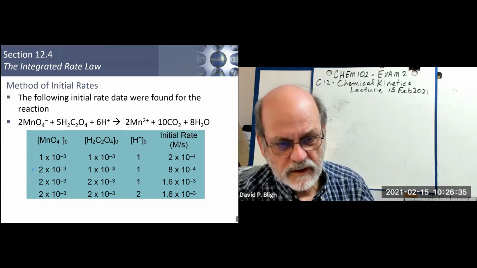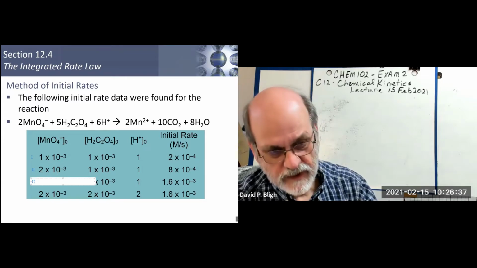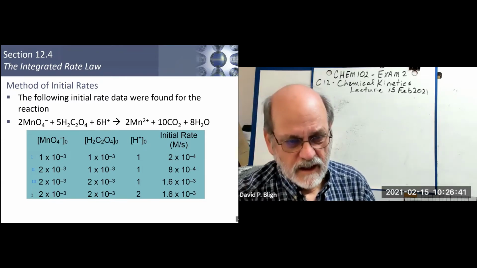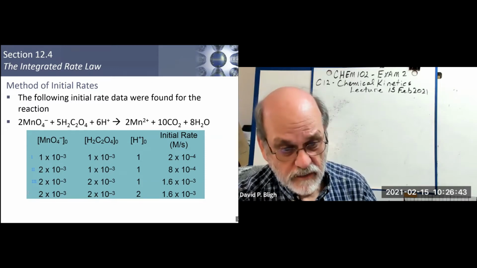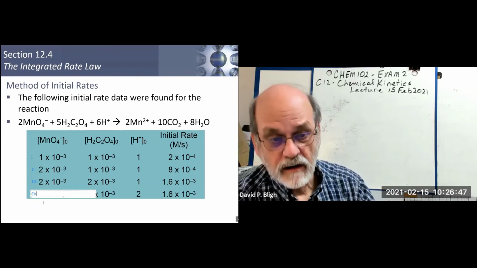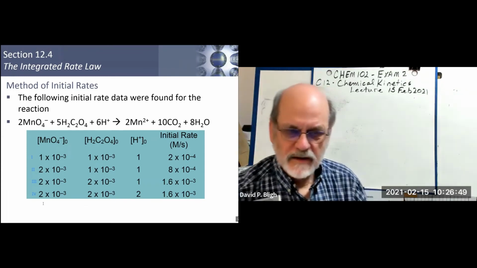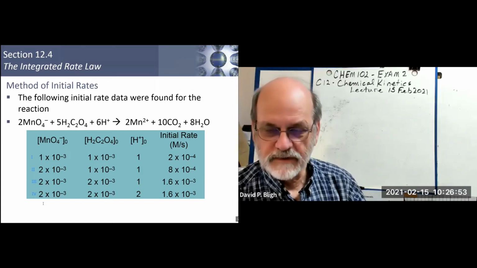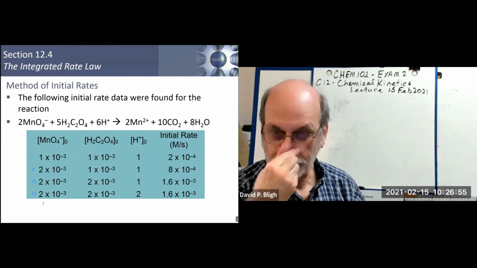And this one is Roman numeral 3. And this one is Roman numeral 4. You probably guessed that one already. Okay, so now we can talk about them in terms of which experiment we're dealing with.